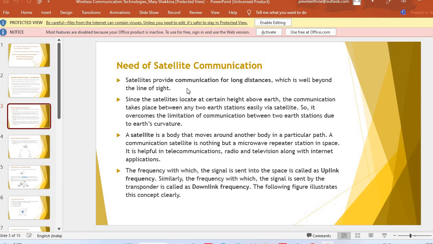Satellites provide communication for long distances, well beyond the line of sight. This is the most important need of satellite communication.